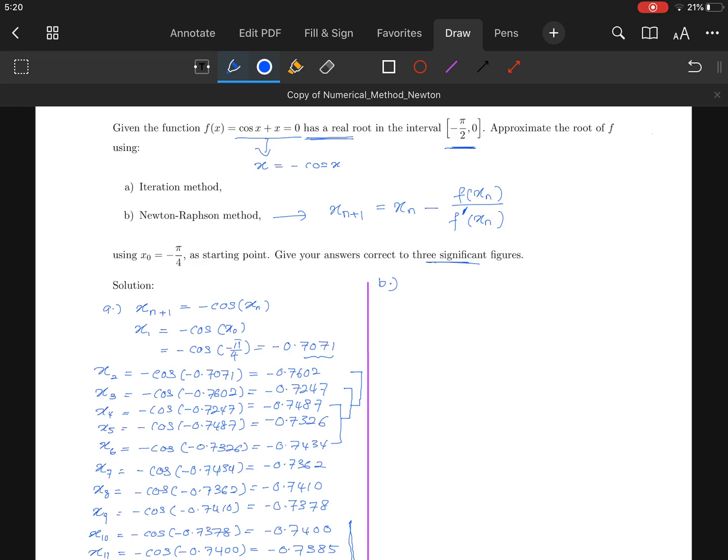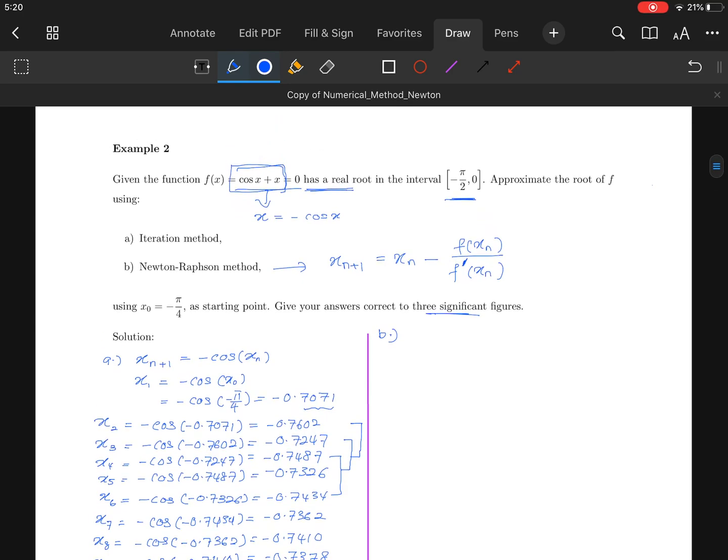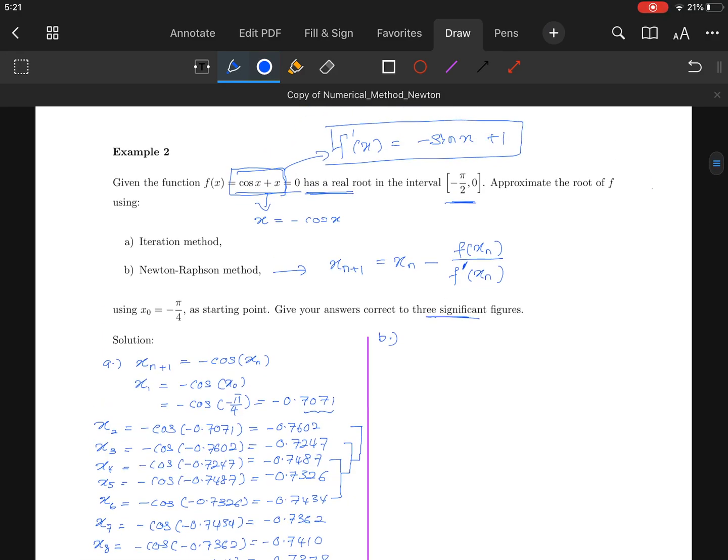So this is your f. From here, f prime x equals negative sin x plus 1. So that is your f prime x. Now let's continue. x(n+1) equals xn minus f(xn) over f prime(xn).